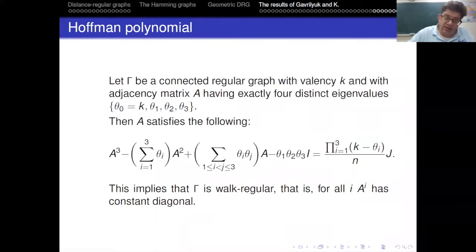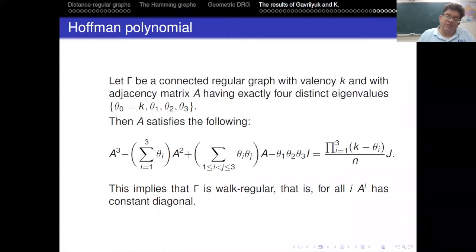Then you can easily see that A satisfies the following equation: A cubed plus some constant times A squared plus some other constant times A plus a constant times the identity is equal to (k minus theta) over n times the all-ones matrix J, where n is the number of vertices of gamma. This implies gamma is walk regular.